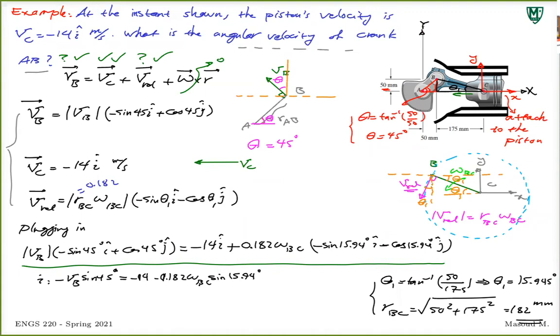And this is along I. Along J, you get minus, it's positive, so VB cosine 45 degrees, I can write it better, is equal to, from the right side, you get minus 182 omega BC cosine 15.94 degrees.